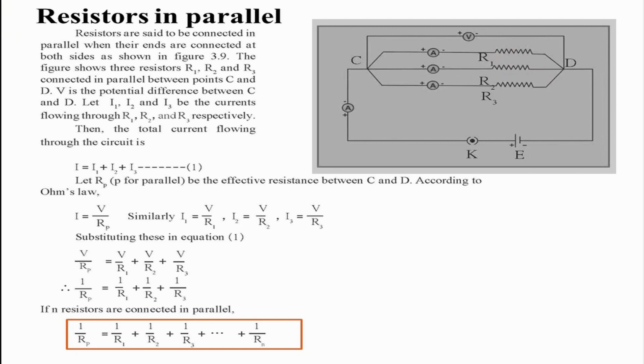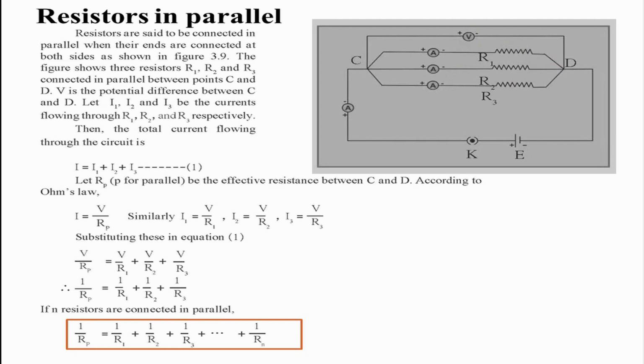Previously we had resistors connected one after another, side by side. Here they are connected such that there is a common terminal for this and this. They are not separated side by side, they are connected in parallel condition. This type of connection is known as parallel.